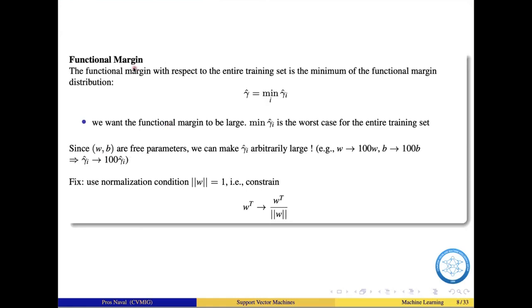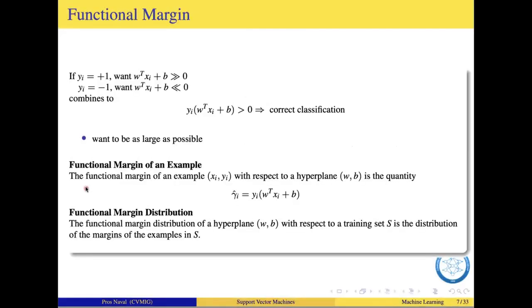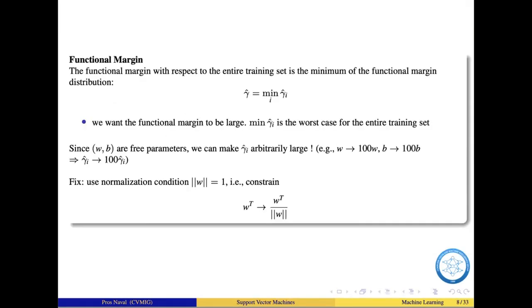Now, we have the functional margin for the distribution. What we want is the functional margin for the entire training set. The functional margin with respect to the entire training set is the minimum of the functional margin distribution.